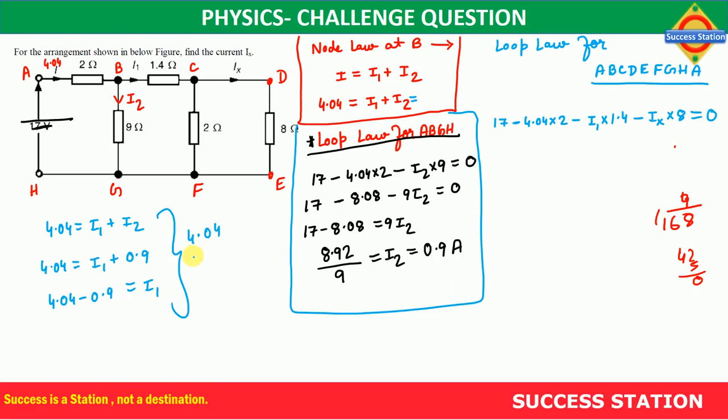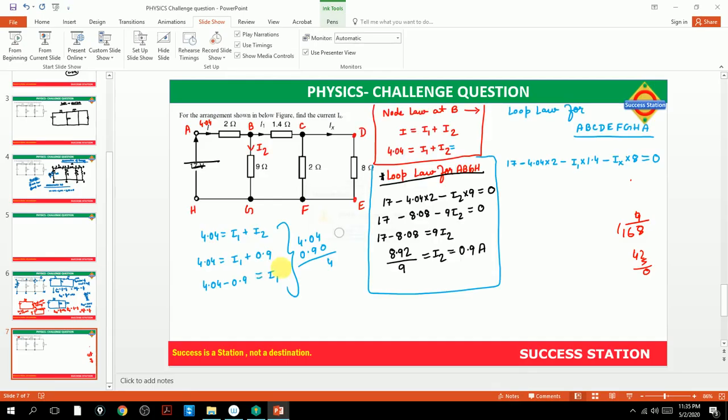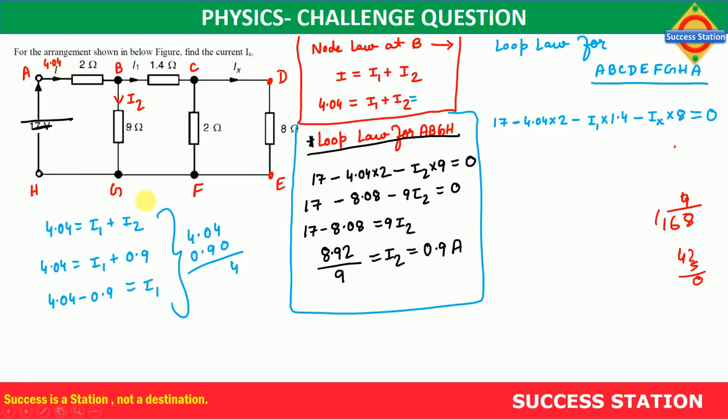4.04 and here 0.9. 10 minus 9, sorry I wrote 9, 10 minus 9 is 1, clear, and there you have the carry, so 3.14.